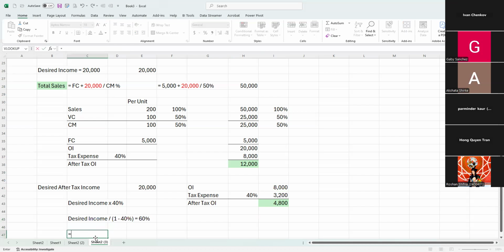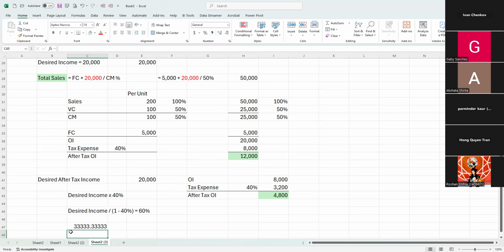Now we're going to have 20,000 divided by 60%, or brackets 1 minus 40%. So if I get this number here, I'm supposed to have 20,000.